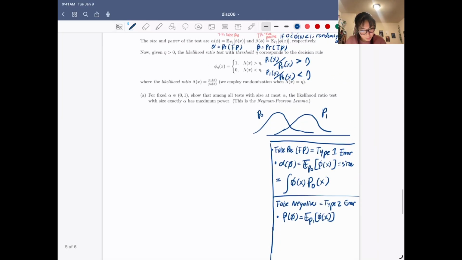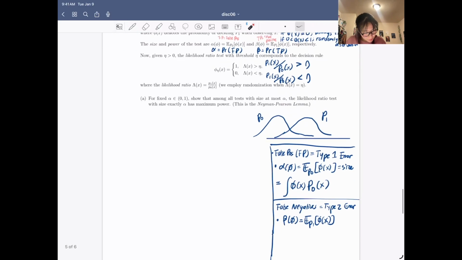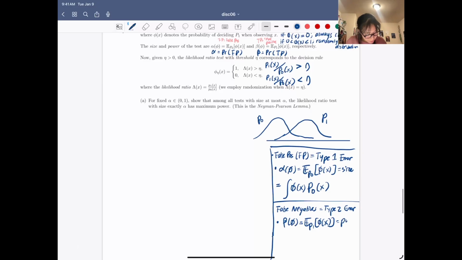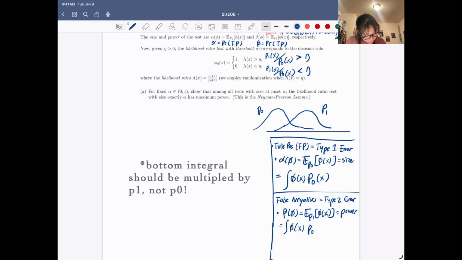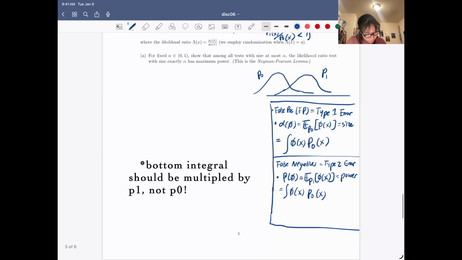So the probability of deciding P1 given we actually got something from the distribution of P1. So this is the power. And this whole thing is equal to phi of x times P1 of x. And, oh, I guess in these integrals you need dx. Sorry, I forgot dx.